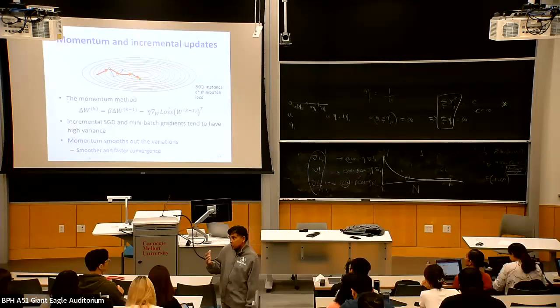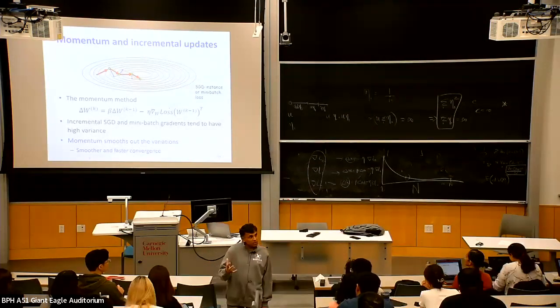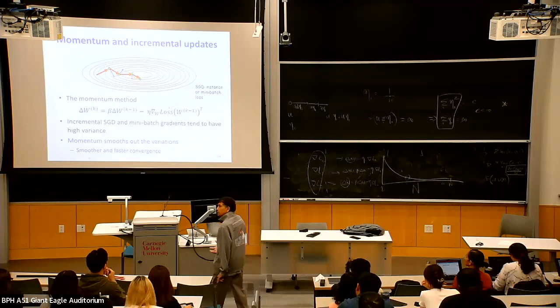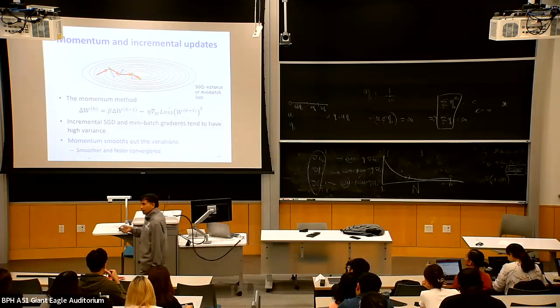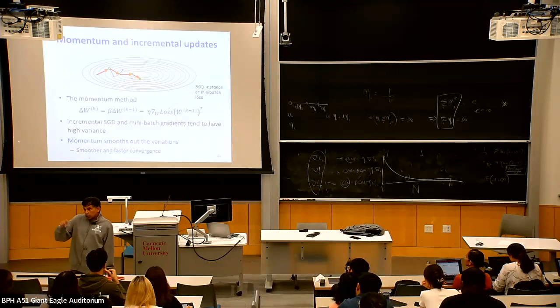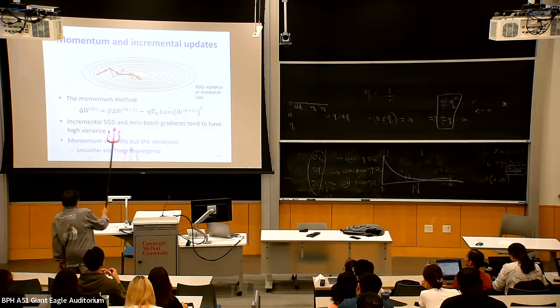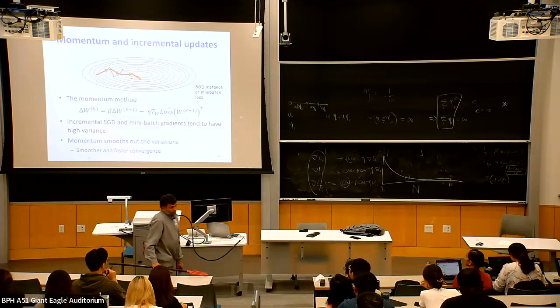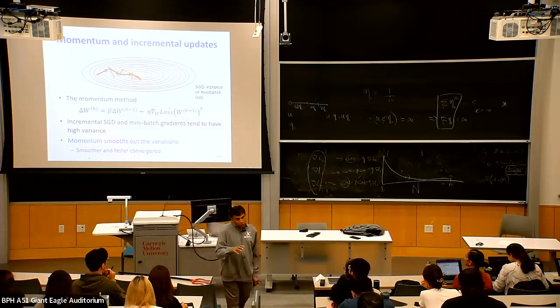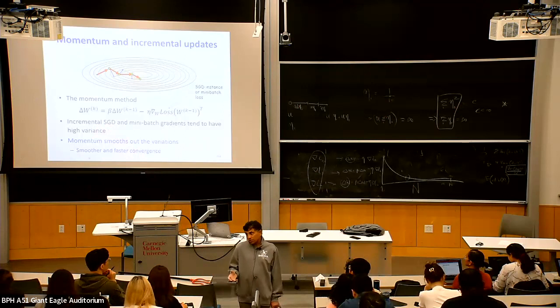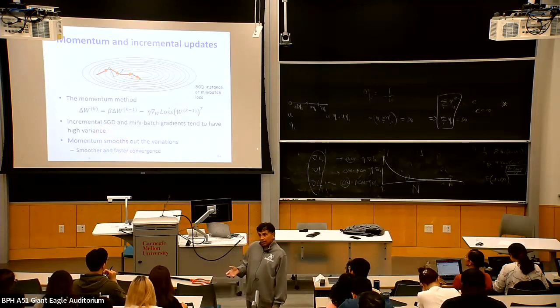In mini batch updates, your loss function itself changes because at each update, you're looking at a different set of training instances. So when you compute the gradient of your loss function, it's going to be wiggling around a whole lot more because you're not following the average, you're following some subset. And so as a result, you're going to find that your gradients are all over the place. And this fluctuation is going to be smaller as you increase your mini batch size, but nonetheless, the fluctuation is going to be there.